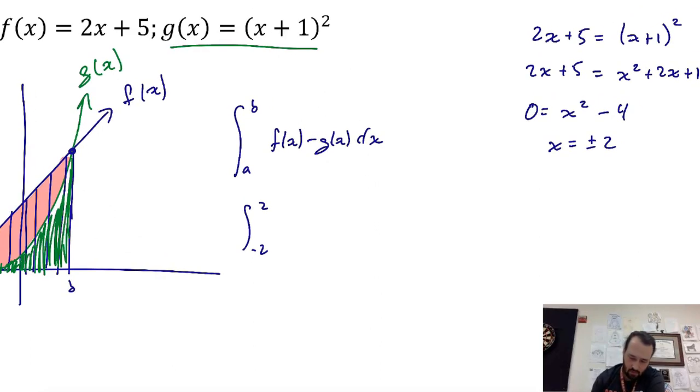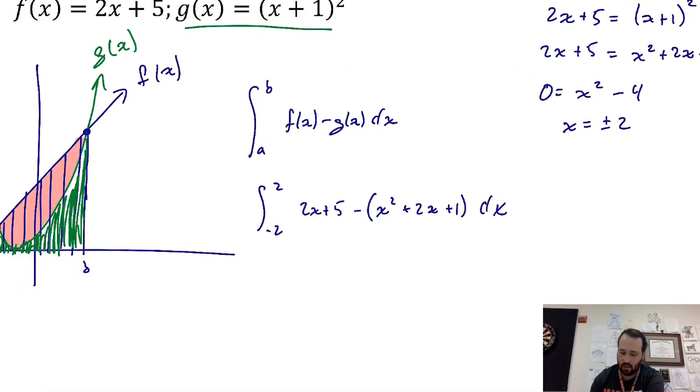of, let's see, I need f of x minus g of x, so 2x plus 5 minus (x plus 1) squared. So I'll go ahead and distribute all that. All right, and then I can integrate.